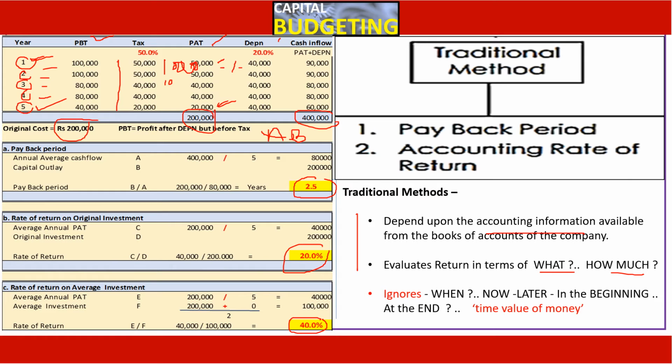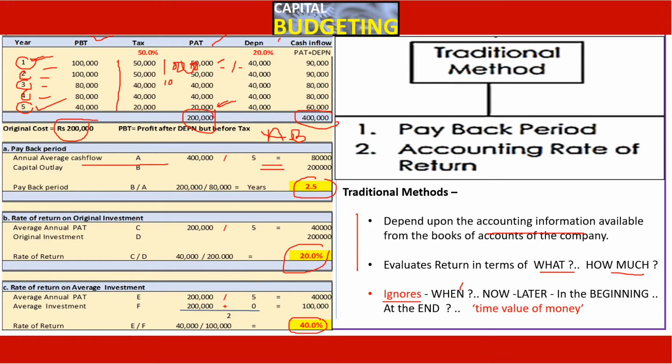The traditional method has got a main weakness in terms of one thing: it ignores when it is paid. It just takes 5 years, divided by 5 and then says average. No, you can't cross a river by taking average depth at one point and the other bank, because you will be lost. Average doesn't work.